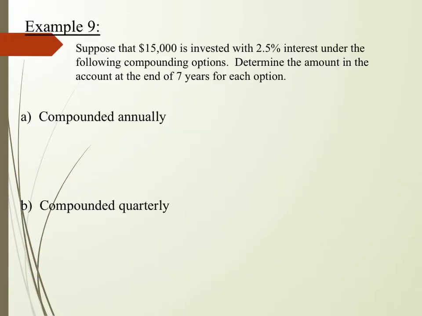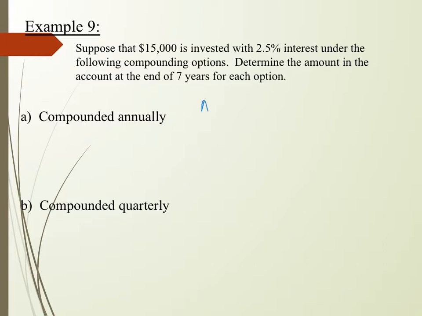So here's our first example. Suppose that $15,000 is invested with 2.5% interest under the following compounding options. Determine the amount in the account at the end of 7 years for each option, compounded annually. So we can write out the formula immediately.